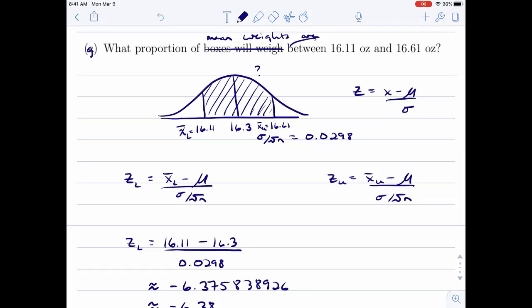X bar has a standard deviation of sigma over root n. We just give it a different name because it gets confusing. And so if you're talking x bar here, then you better make sure that you have sigma over root n here. If you're talking about an individual observation, then it's fine to just talk about sigma. They're definitely related, and you just need to keep track of if you have an individual observation or a mean observation. I'll delete this because otherwise it might not make sense.